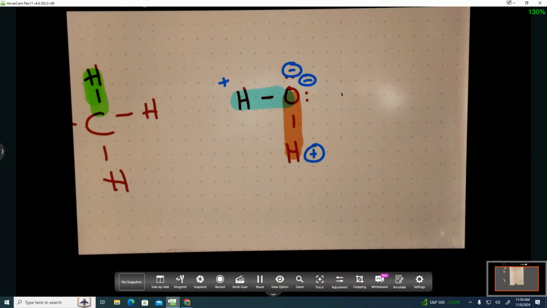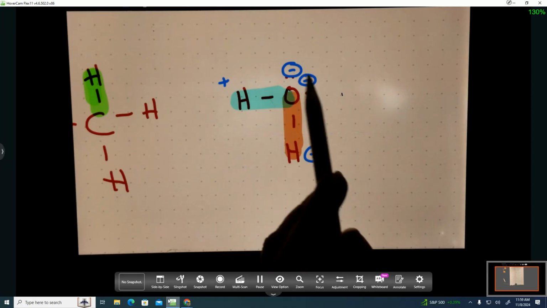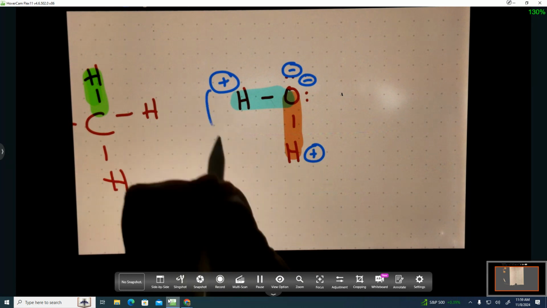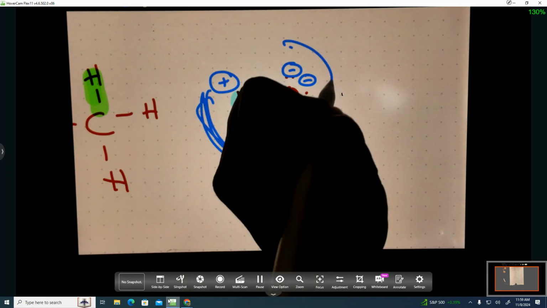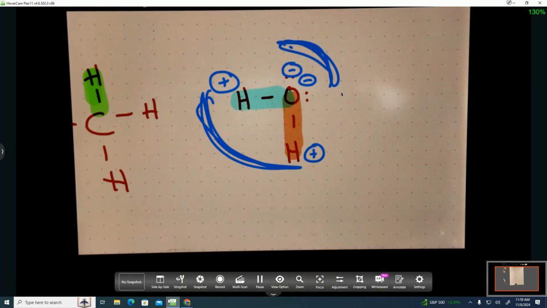Now, I know that they left already, but this is going towards where we are. This molecule has a side that's positive and a side that's negative. You see that? Is that molecule polar or nonpolar? Does it have a positive pole and a negative pole? Yes.